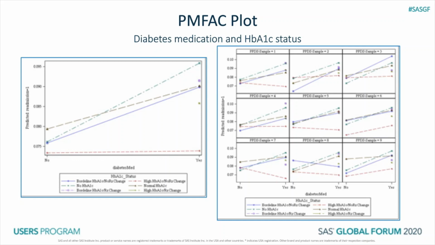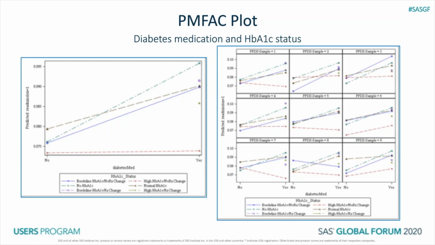What is noticeable is a greater risk of readmission observed among patients with no blood glucose test measurement when compared with those that had blood glucose test measurements. And at the replicate samples level, we also see the evidence of interaction of diabetes medication with the blood glucose test variable.